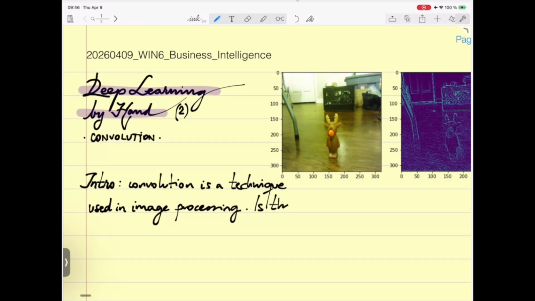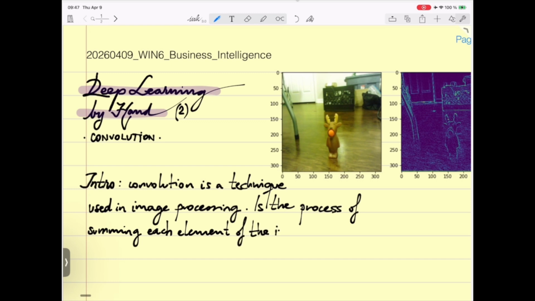It is the process of summing each element of the input image multiplied by a so-called filter with its neighbors.